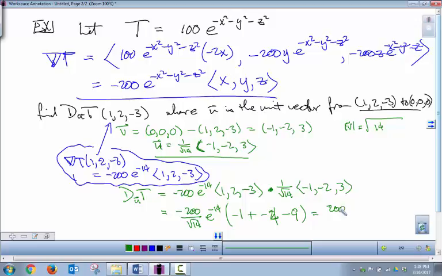So 200 over square root of 14 times e to the negative 14. So there was some simplifying that happened there, I guess. You have negative 14 in the numerator and square root of 14 in the denominator, then that's just negative 14 up on top. The negative from the inside of the parentheses will cancel with this negative from the 200. And then I think that's it.